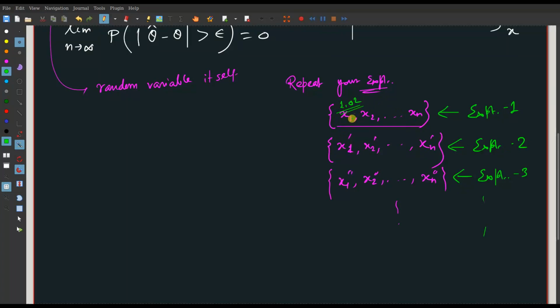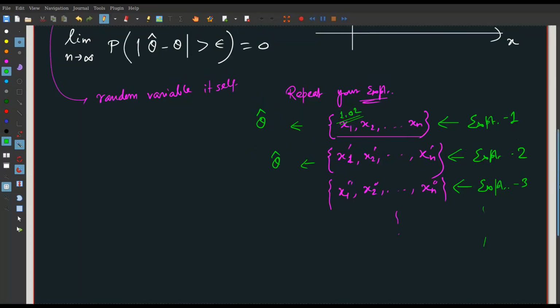Now you notice that if you make an estimate theta bar here, or theta hat here, that will be different from the estimate theta hat from here.